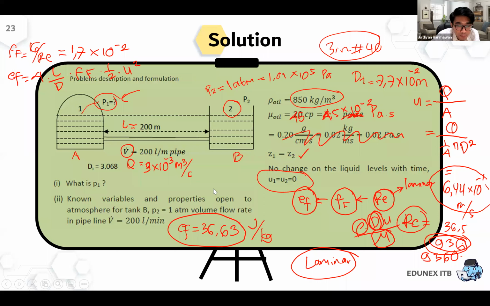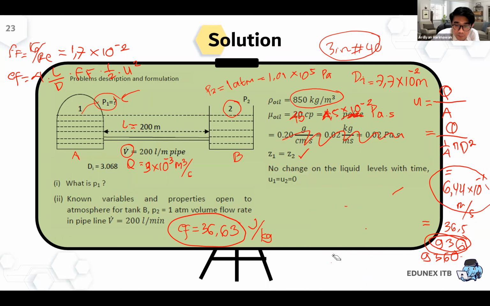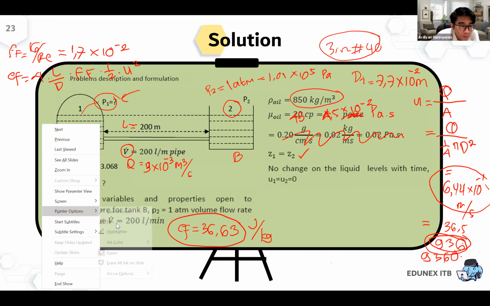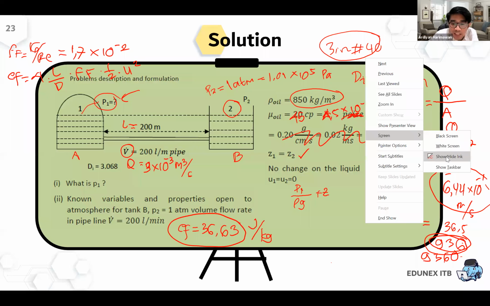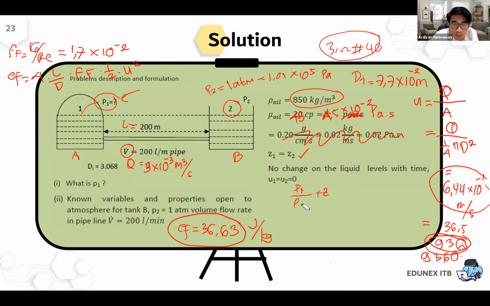Let me clear some space here. You can write down the Bernoulli equation. P1 divided by... sorry, not using head. You should use the specific energy. Sorry for my mistake.